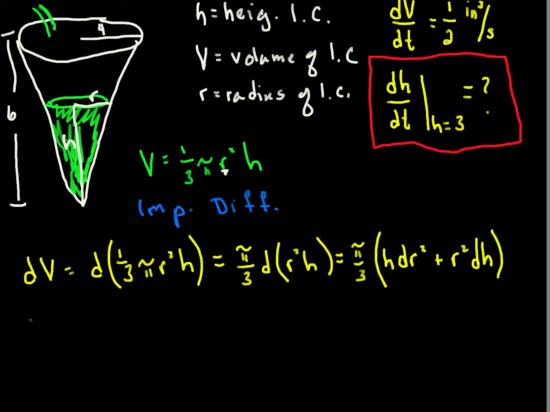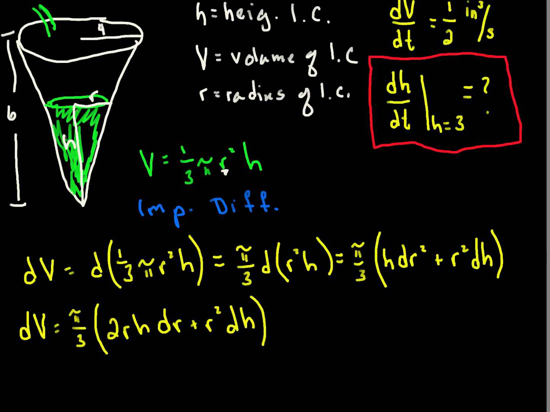So I can write down here that dV is pi over 3 times the quantity 2rh dr plus r squared dh. And I want to know what dh/dt is. So once I've differentiated and I've got down to all my basic differentials, I'm going to divide everything by dt.